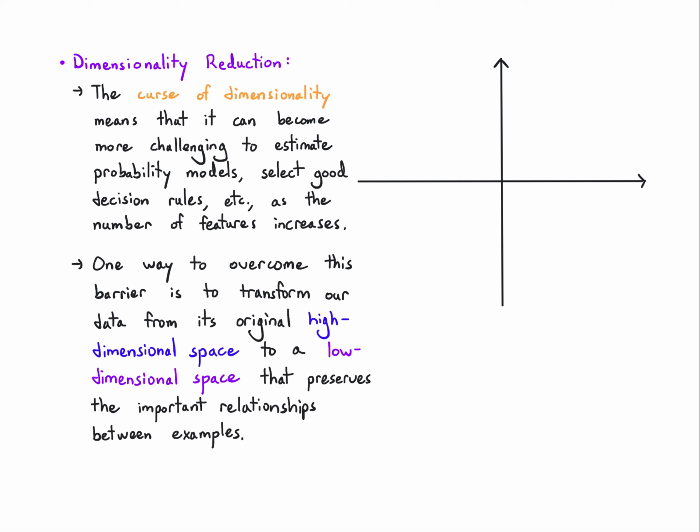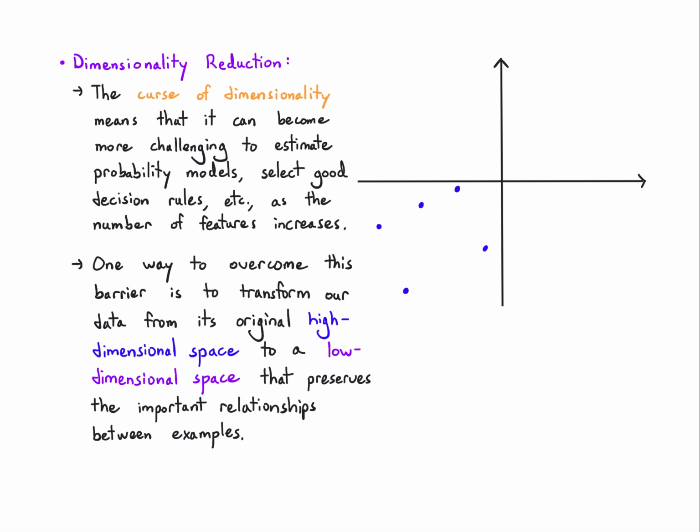That varies from application to application, but one way to think about this is if the cat images were originally close to the cat images with respect to some metric, and the dog images were close to the dog images with respect to the same metric, then you want those distance properties to be preserved as you go through this transformation. So even in the low dimensional space, you want the cat images to be close to the cat images and the dog images to be close to the dog images. You don't want to lose that.